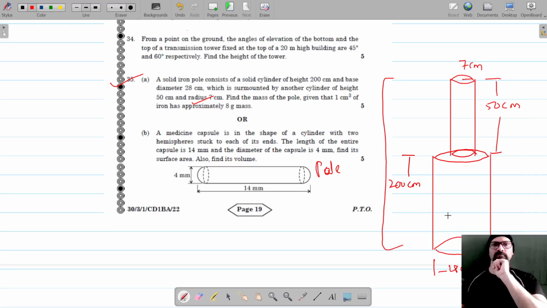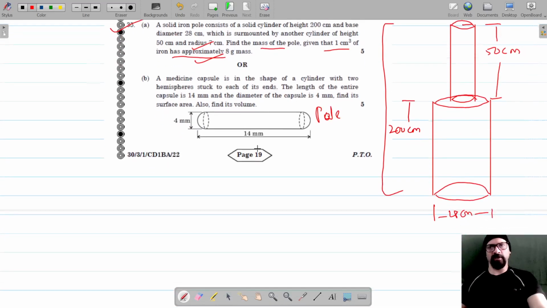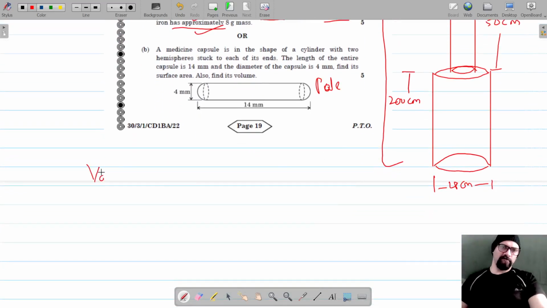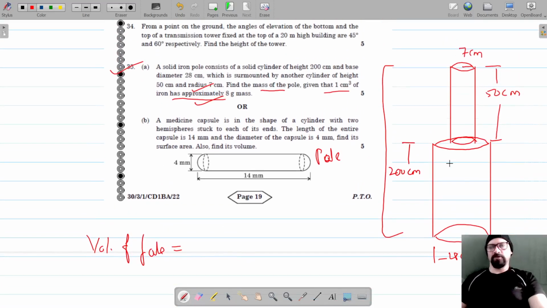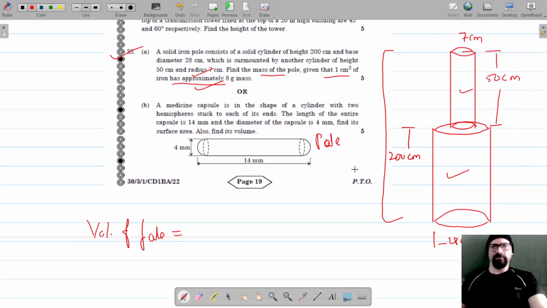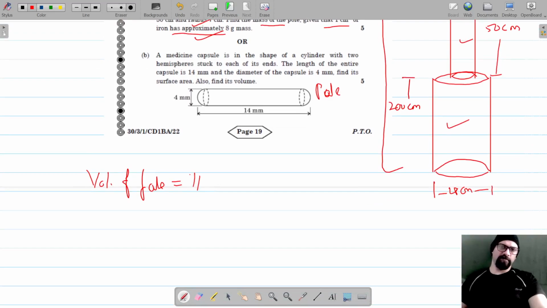We have to find the mass of the given pole, given that 1 cubic centimeter of iron has approximately 8 gram of mass. For that, let's find out the volume of the pole first. So the volume of the pole should be the volume of the lower and the upper cylinder, and the volume of a cylinder is pi r square h.